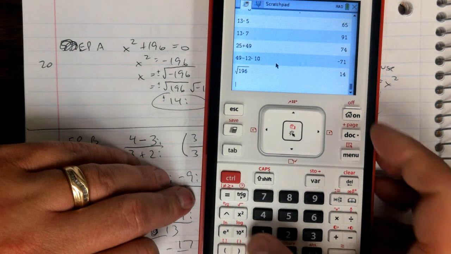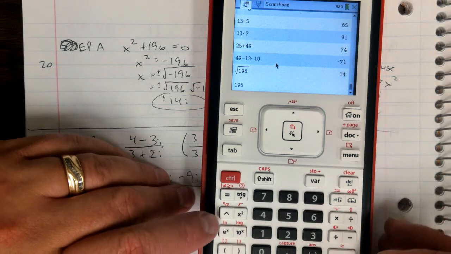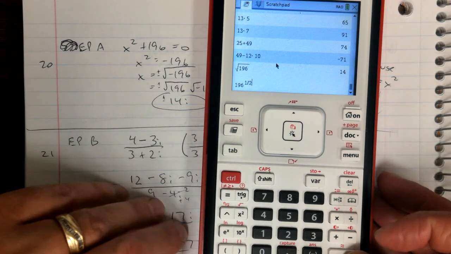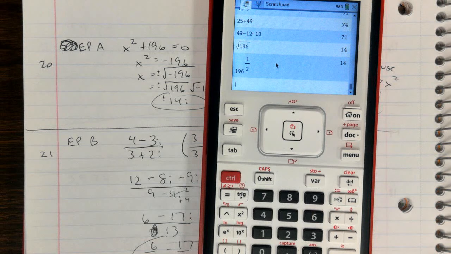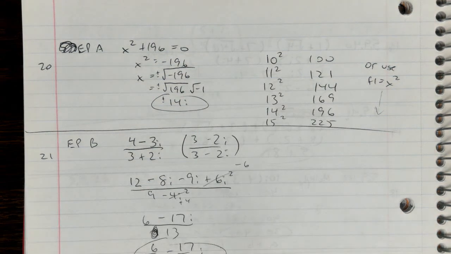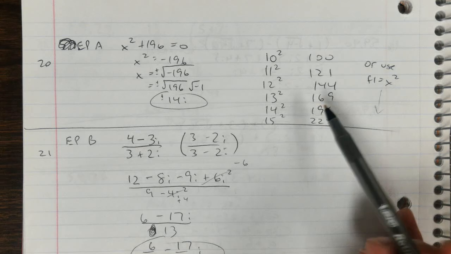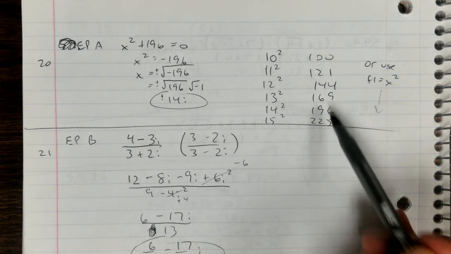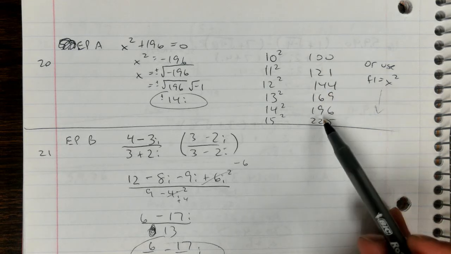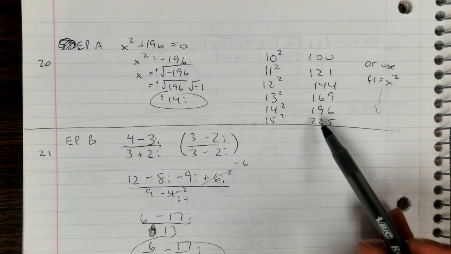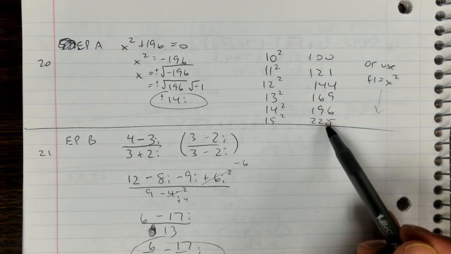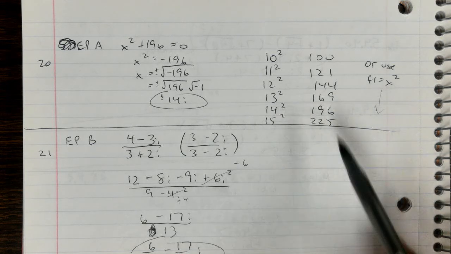Or like we said in that other video, 196 to the half power is also 14. So again, try not to rely on your calculator too much for stuff like this, because on your SAT, part of it may not let you use a calculator. You're going to have to do something like that.